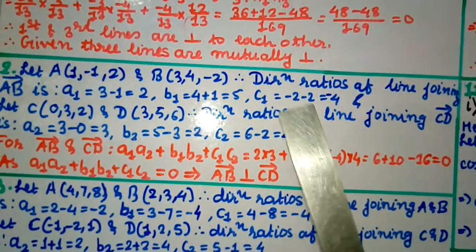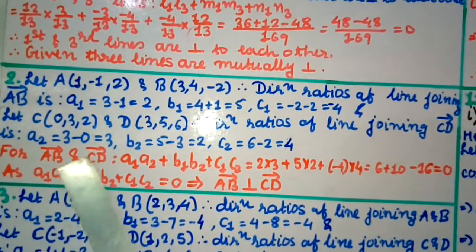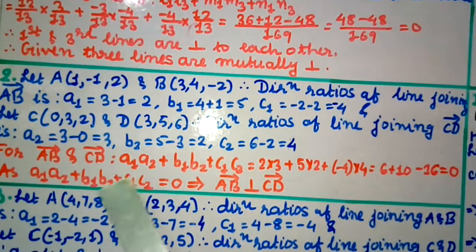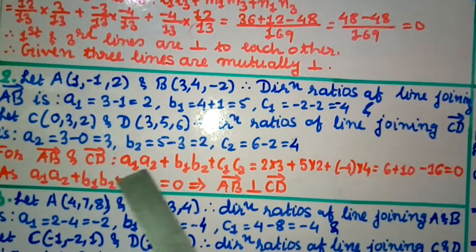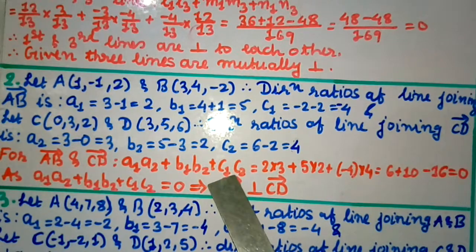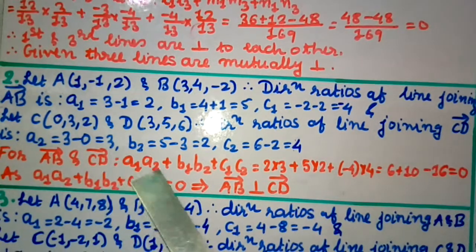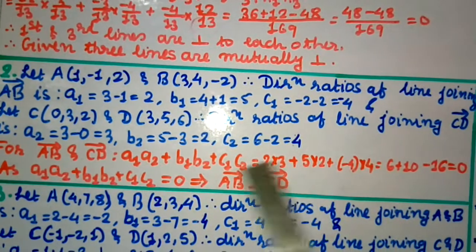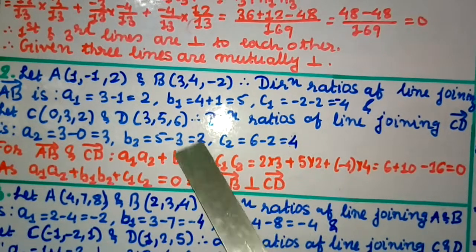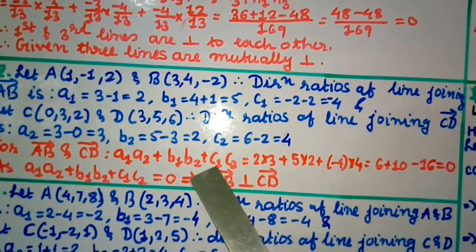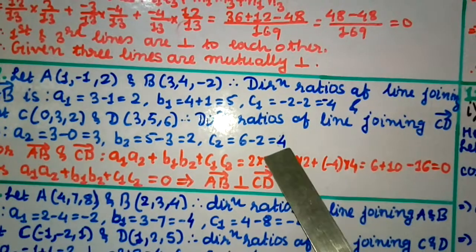Right? Now for vector AB and vector CD, we check just like previously: a1a2 plus b1b2 plus c1c2 equal to 0. So a1 is 2 into a2, that is 3, so 2 into 3, plus b1b2, so 5 into 2, plus c1c2, so -4 into 4.